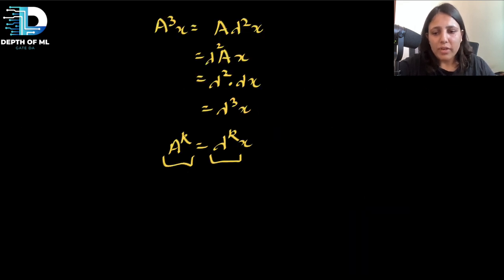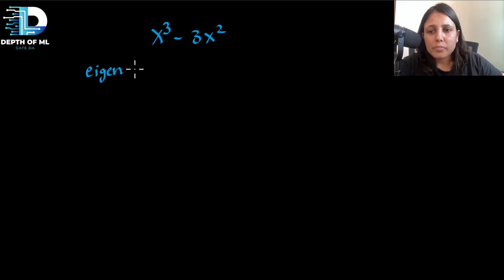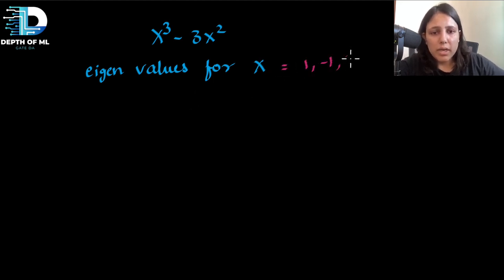Yes, we can. Let's see how to do this. The matrix that they have given is x cube minus 3x square, right? So I'll find eigenvalues for x. Eigenvalues for x are nothing but 1, minus 1 and 3.